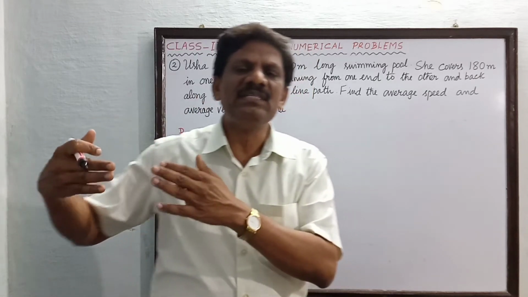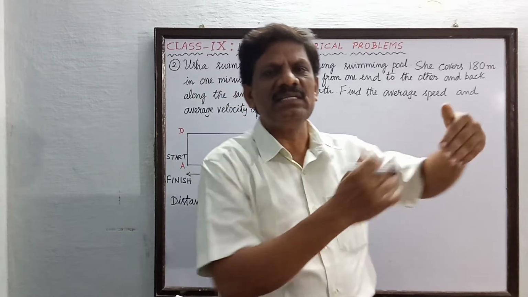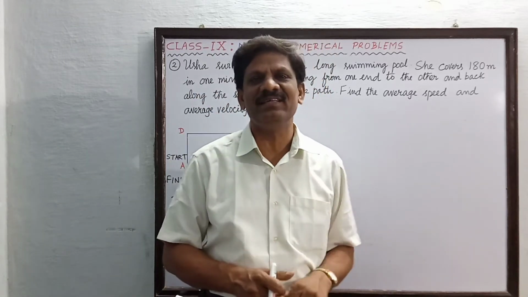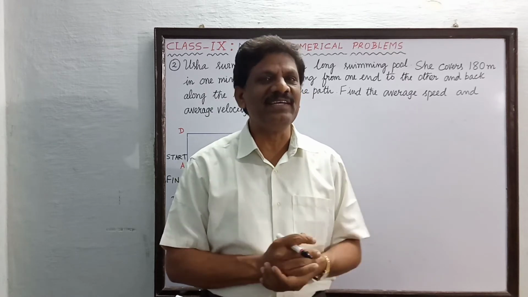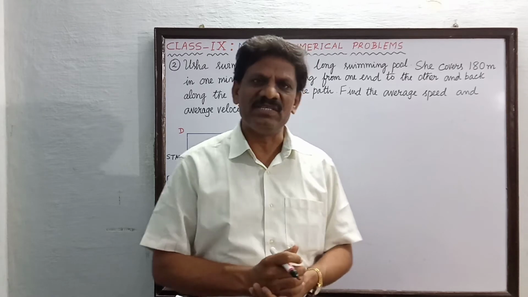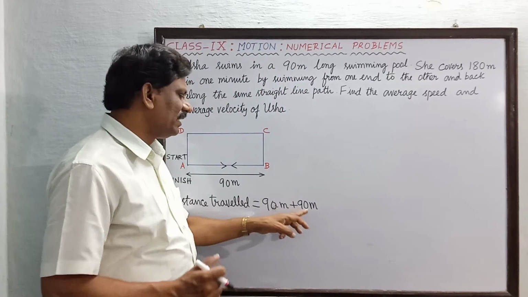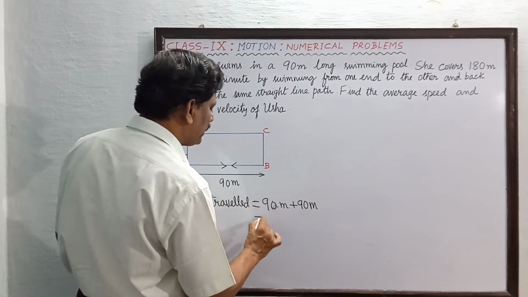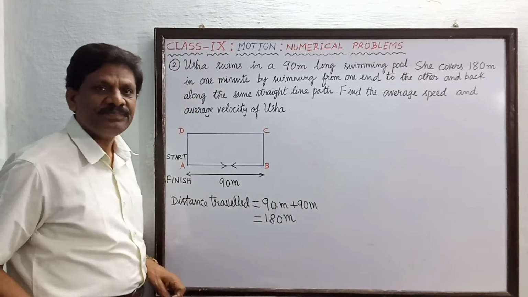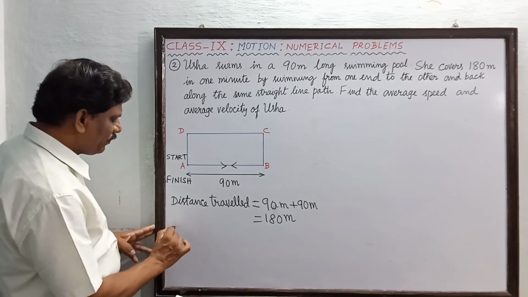So the onward journey is from A to B, the return journey is from B to A. Since distance is a scalar quantity, scalar has only magnitude but no direction. Therefore, distance traveled is always positive. So 90 meter plus 90 meter is equal to how much? 180 meter.